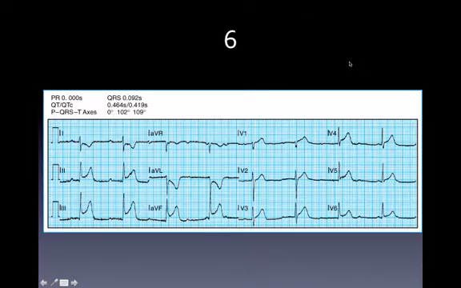Okay, last one. I have depression, elevation, elevation, depression, elevation.